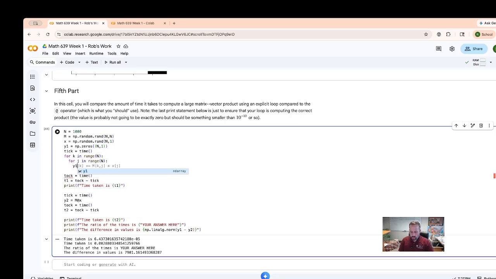So y1 of k is equal to y1 of k plus m of k j times x of j. I always like to keep things consistent and have k represent rows and j represent columns, so I don't even have to think much about what's what.